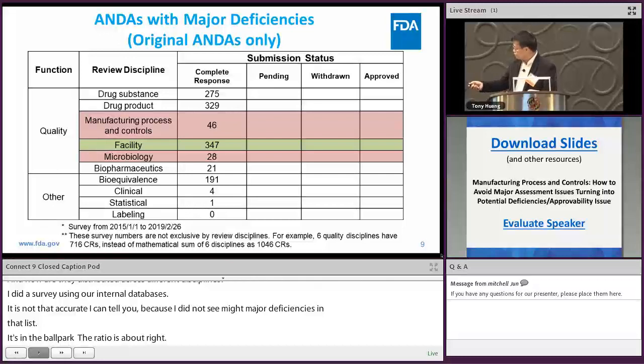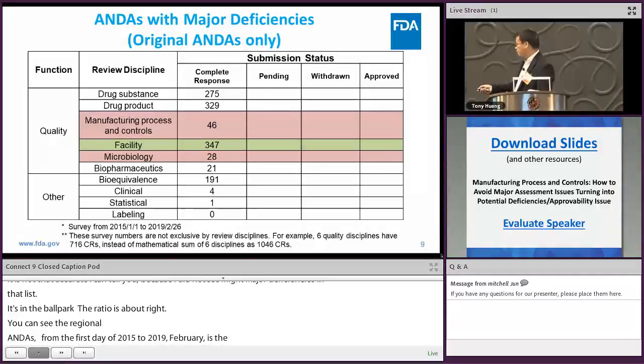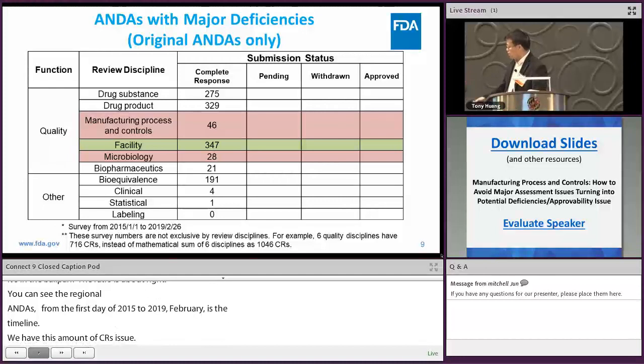from the first day of 2015 to February 2019, that's by the time I did the survey, we have this amount of CRs issued. And the total number of CRs from 6 quality disciplines are about 700. And you can see that in this table.